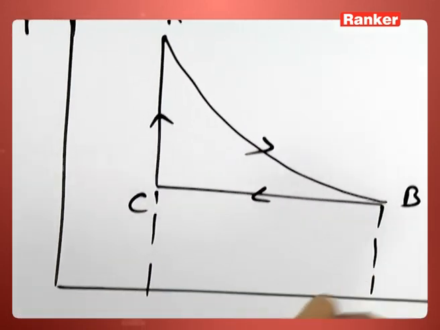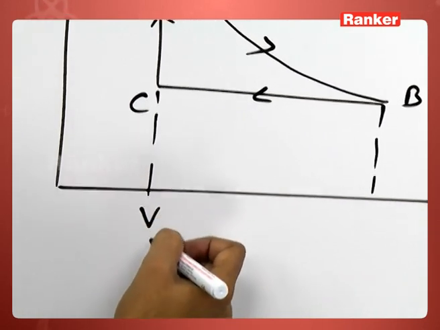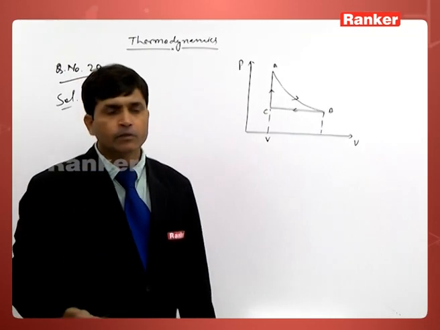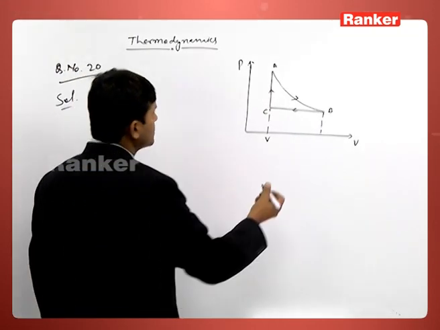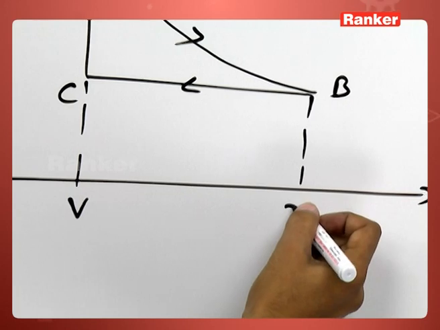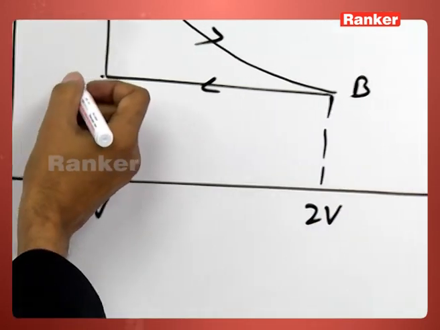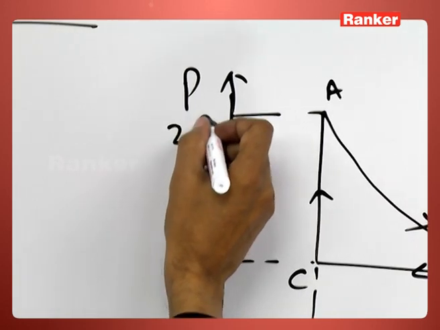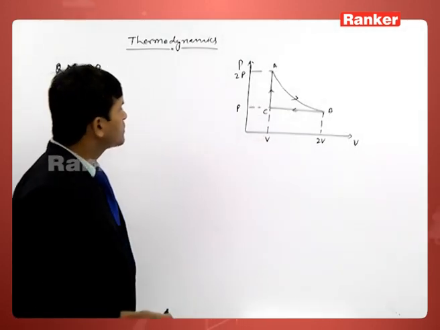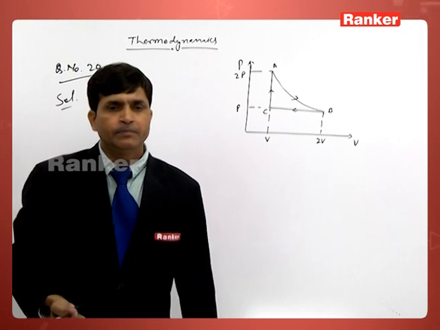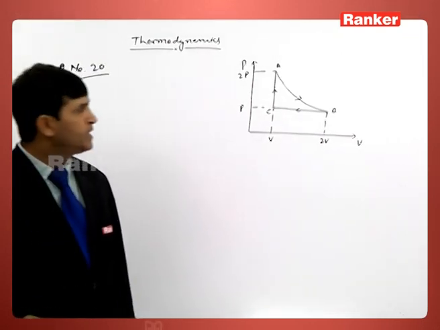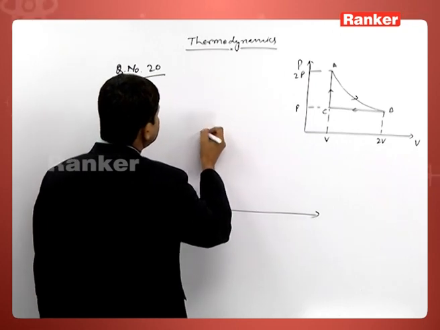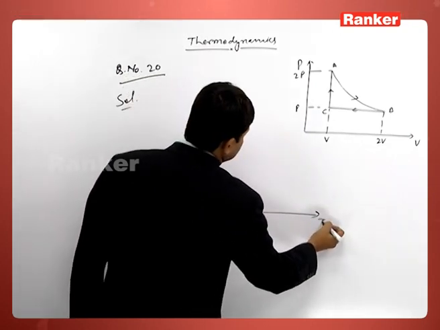And now they are asking to convert this into a PT diagram. Here volume is V and this is 2V. Here pressure is P, this is 2P. So we have to make our PT diagram where P is on the y-axis and T is on the x-axis.